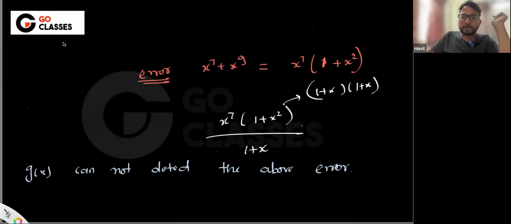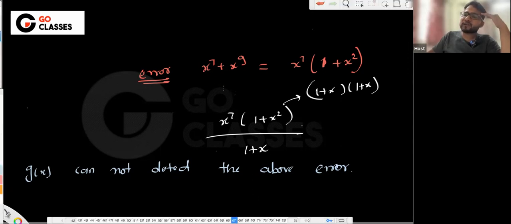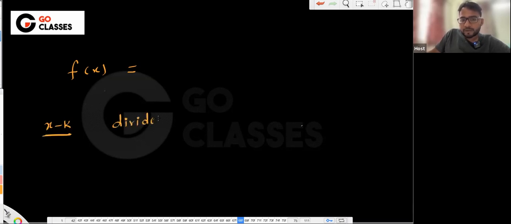Can anyone suggest one more way to check whether 1 plus x can divide this or not? Very nice way. Yes, basically minus and plus are the same. Let's suppose there's a function, and I want to check whether x minus k divides the above function.